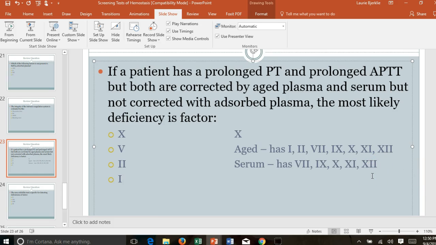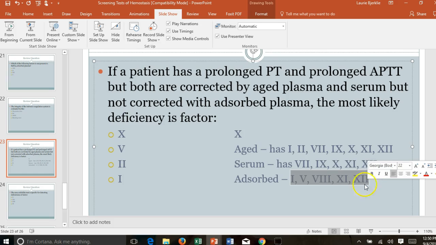But just for the sake of learning, let's go through the very last one anyway. Adsorbed plasma, remember, has everything except the prothrombin group. So it has 1, 5, 8, 11, 12. Because remember, it's missing 2, 7, 9, and 10. So if it has these ones and it did not correct, that means it absolutely could not give back any of these.